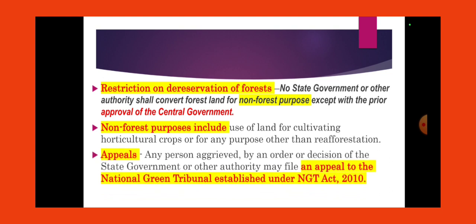Appeals: any person aggrieved by an order or decision of the state government or other authority may file an appeal to the National Green Tribunal established under the NGT Act 2010.